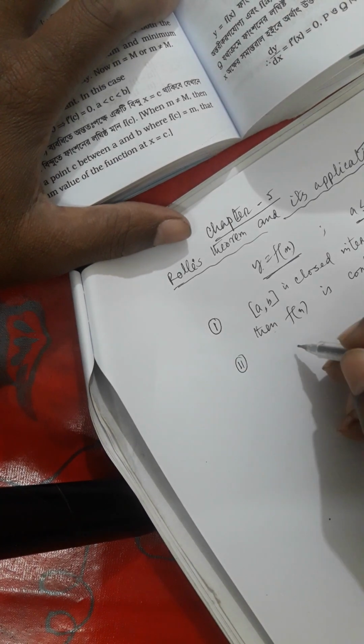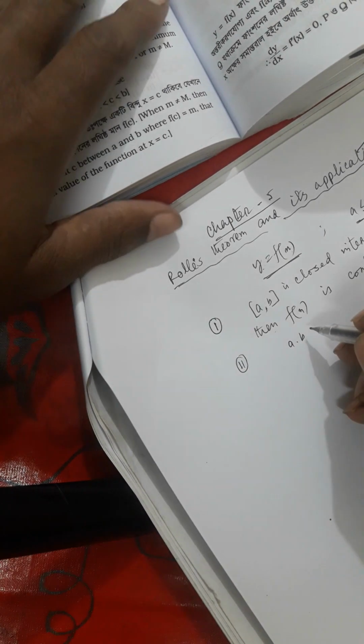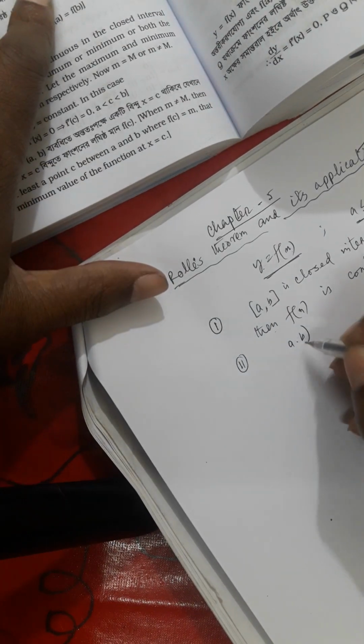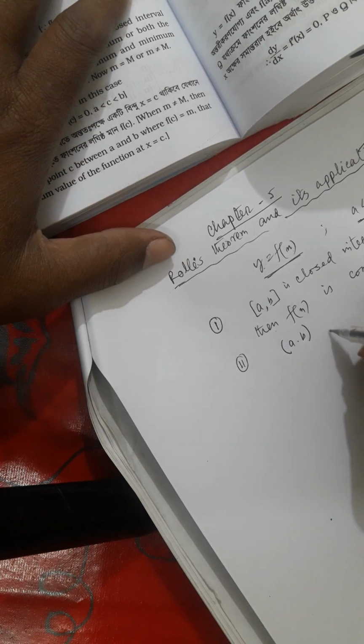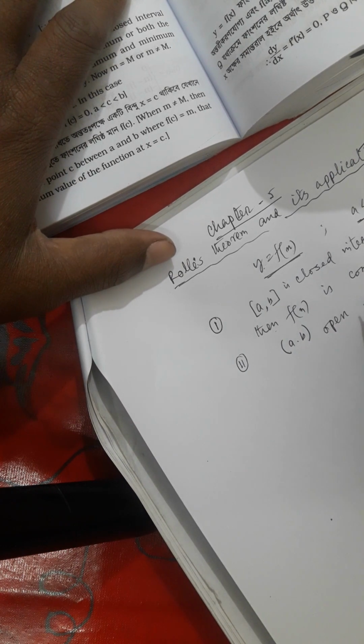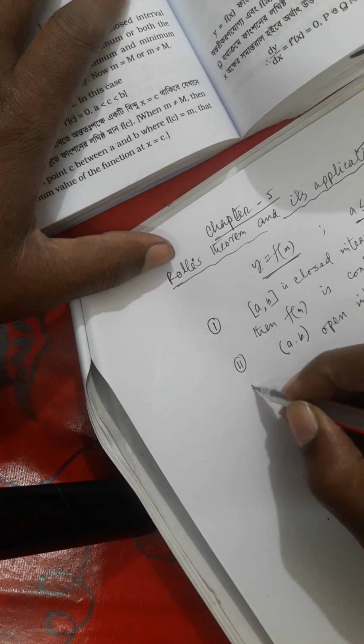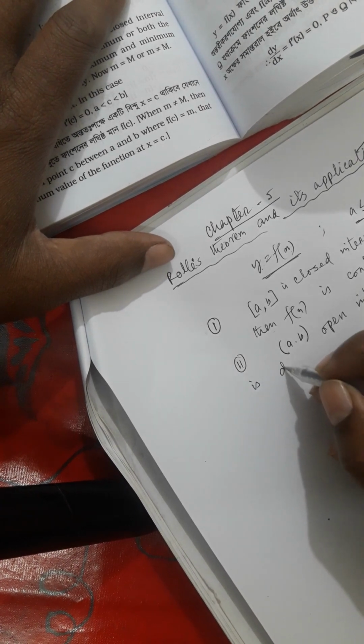Number 2, a and b is open interval, then the above function is differentiability.